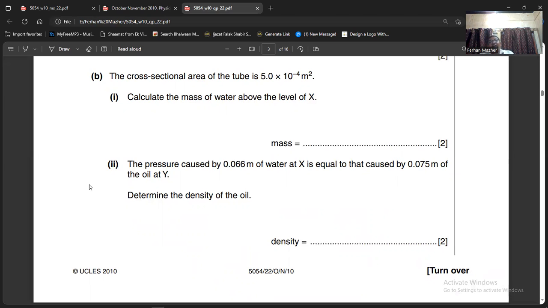You see the pressure at point X and the pressure at point Y, they both are equal to each other. But the pressure at point X is due to the water of depth 0.066 meter, and the pressure at point Y is due to the oil, where the depth of that oil is 0.075 meter, and both the pressures are equal to each other.